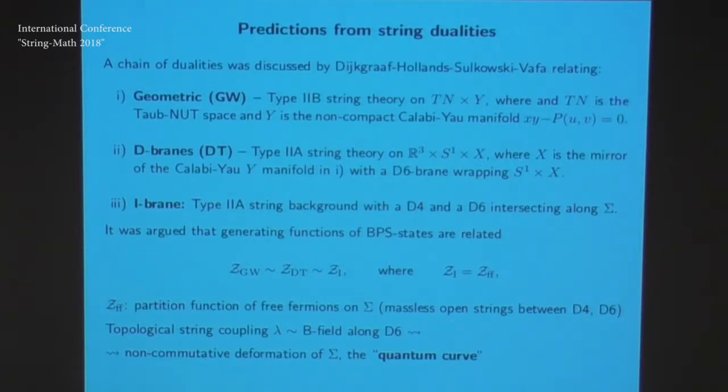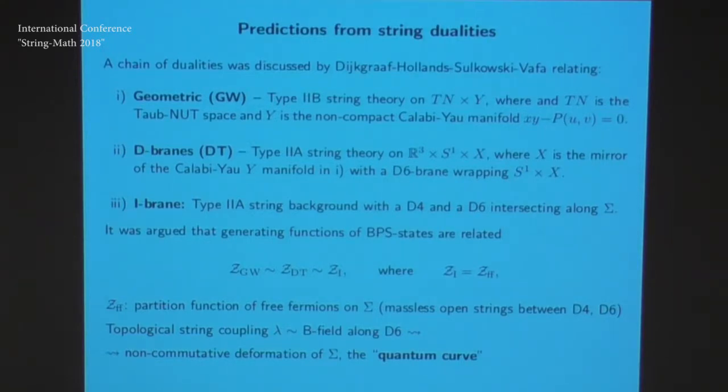And the third and most interesting player in the game is then what was called the I-brane by the authors above, which is a type 2A string background with a D4 and a D6 intersecting along that very surface sigma, which is the key player here. And then chasing these dualities, you can trace what happens to BPS states and their generating functions.